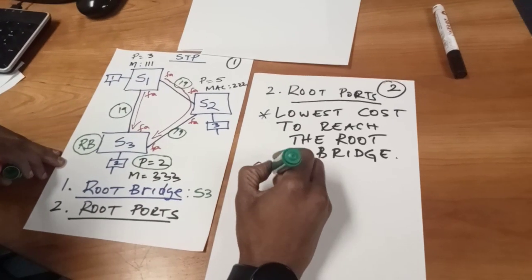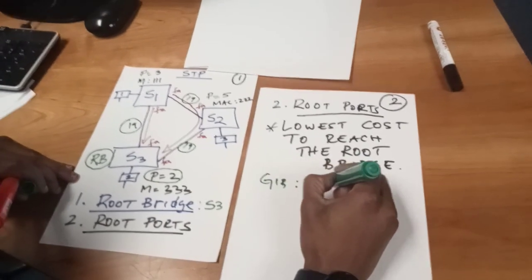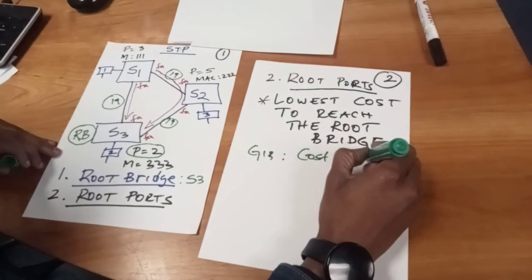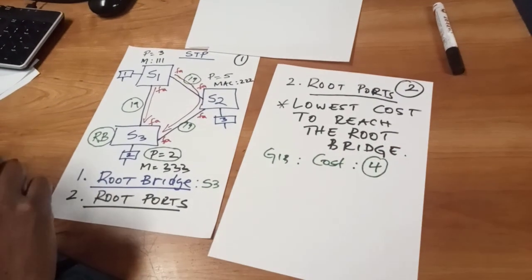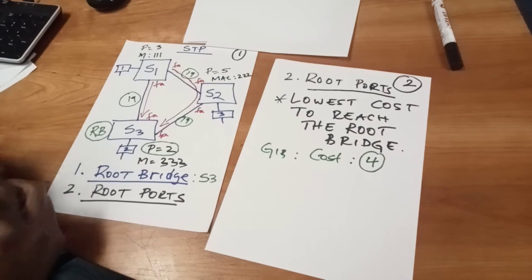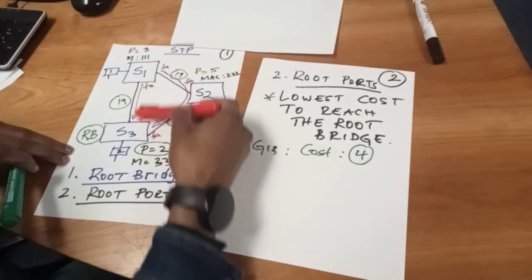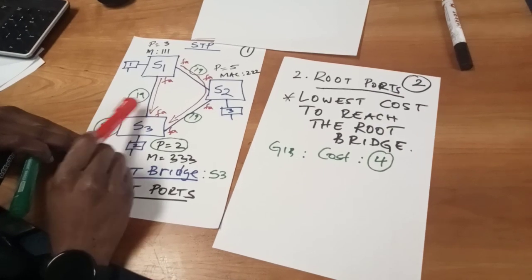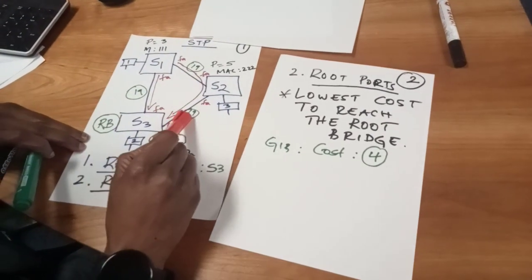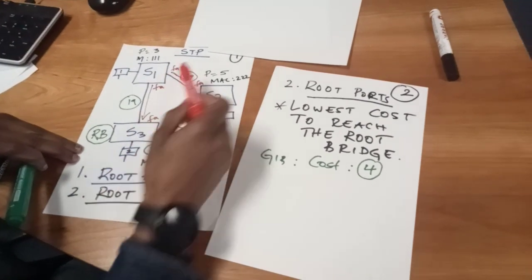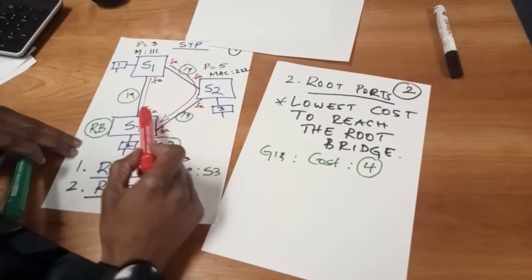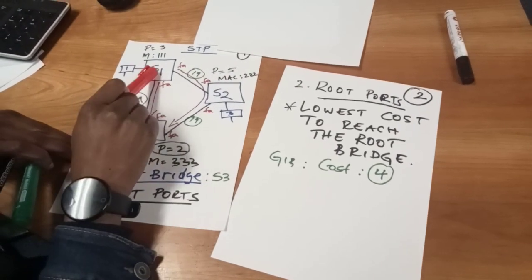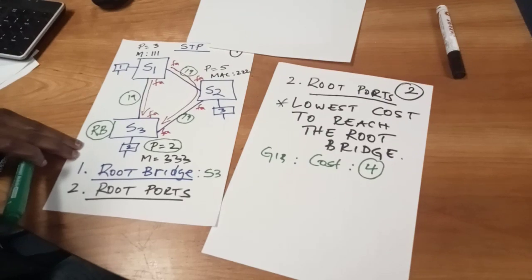For gigabit, the cost is what? The cost is 4, if you're using gigabit links. Now, by coming this way, you can spend only 19. By coming this way, you can spend 38, because 19 plus 19. For you to reach the root bridge coming from S1, you're going to spend 98.